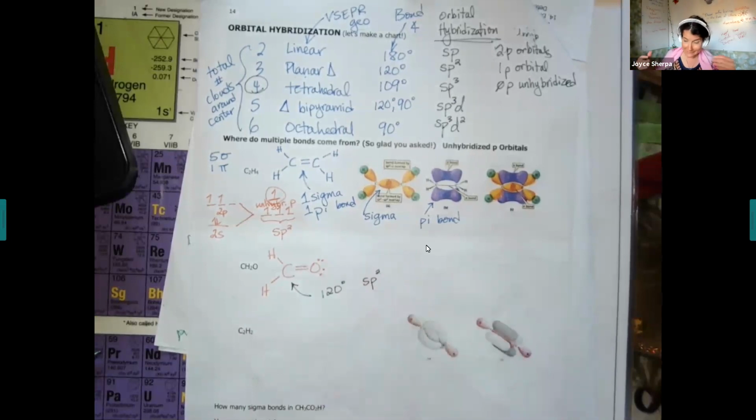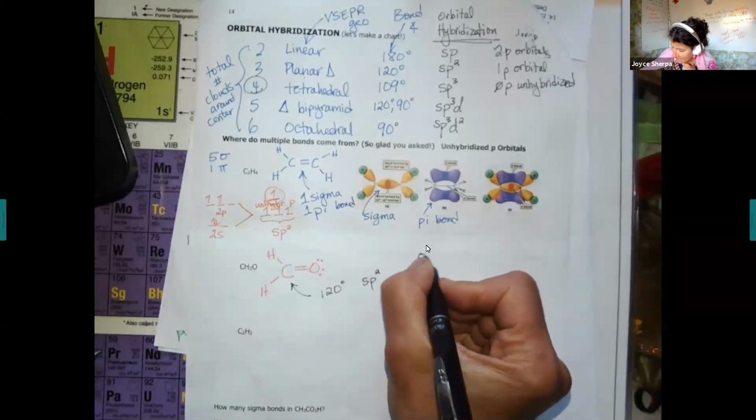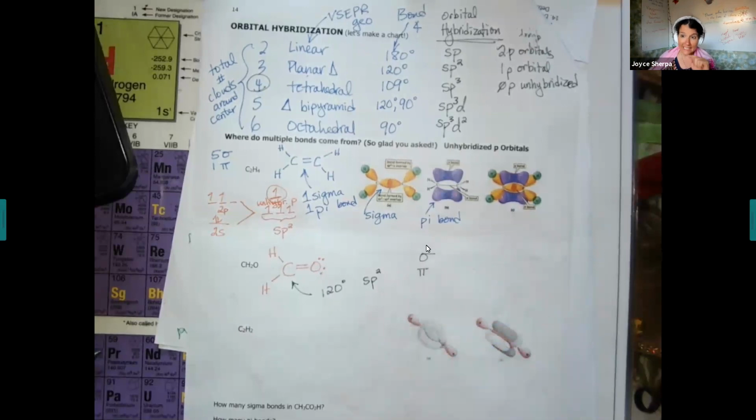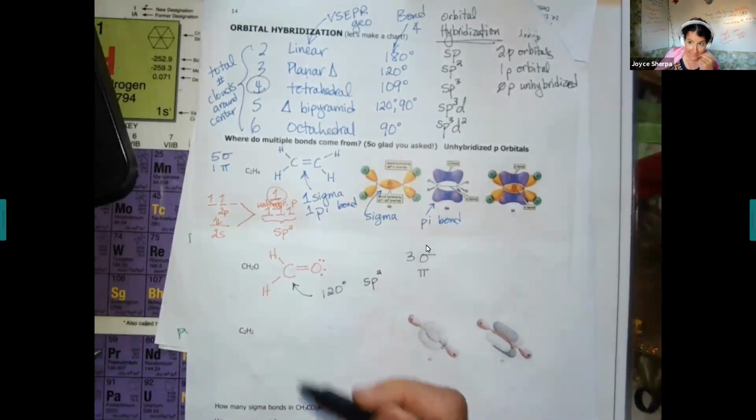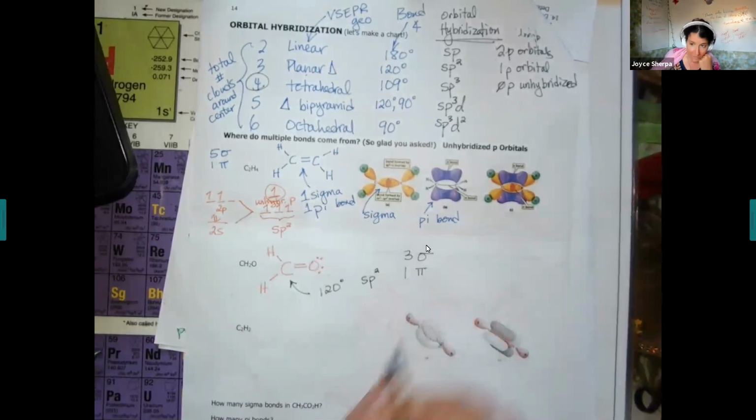So there are 3 things that came together to make this work. And then I'll ask you how many sigma, how many pi bonds. In this theory, every bond is 1 sigma. So we have 3 sigma. A double bond is 1 sigma, 1 pi. So we have 1 pi. We're going to get bigger molecules coming up.